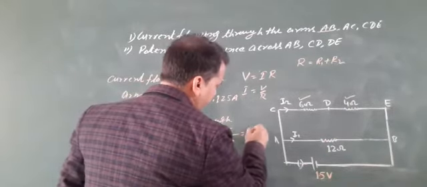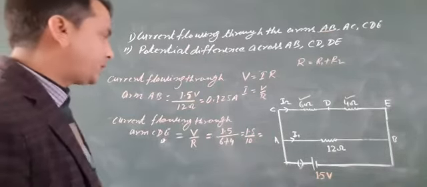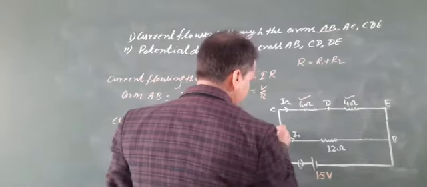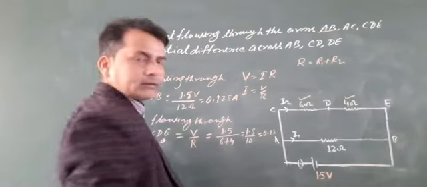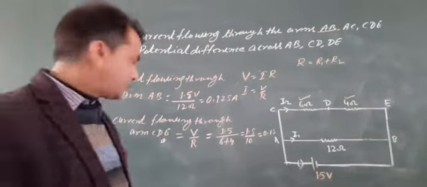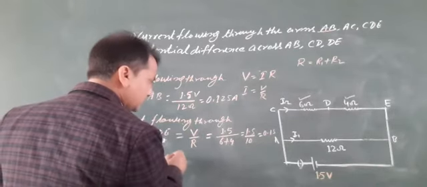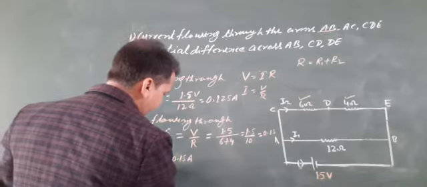Then 1.5 divided by 10 is 0.15. So the current through the arm CDE, I2, is 0.15 ampere.